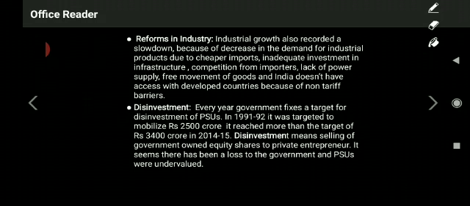When the public sector units are running under losses, the government tries to hand over those loss-bearing industries to private entrepreneurs by sharing its equity shares with them. That is called disinvestment. Okay. Through disinvestment, most of the industries were handed over to private entrepreneurs. That is called disinvestment.